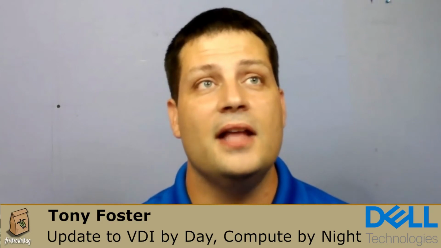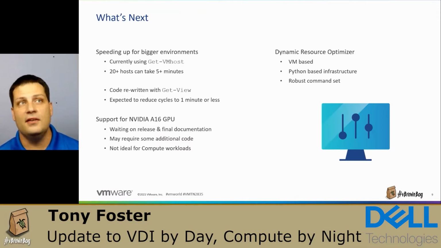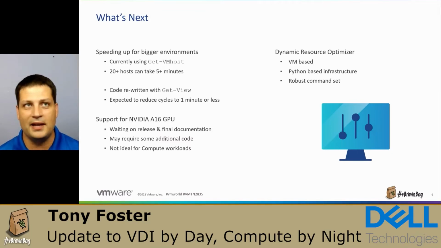And so we're redoing a bunch of code in here, and you'll see this shortly after VMworld. We're replacing it with Get-View. And those Get-Views speed things up dramatically for anyone who does a lot with PowerCLI. And we're expecting that around 20 hosts will probably take about a minute to run, maybe even less, depending on the load of the environment. So something to look forward to.